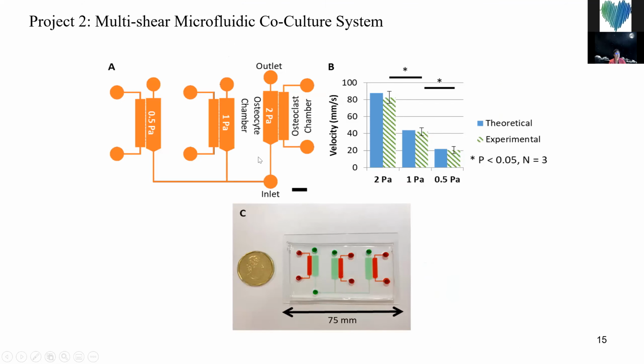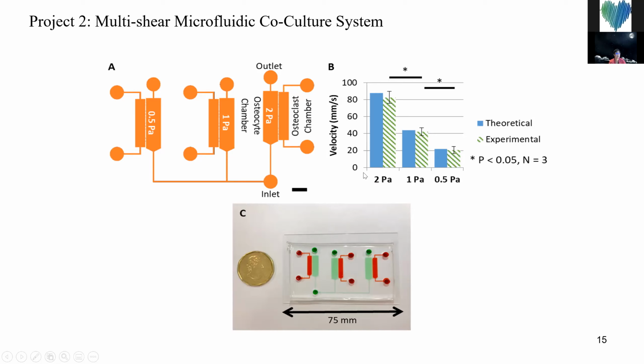We're also trying to develop a high throughput microfluidic platform, so we can have this multiple co-culture microfluidic platform with different loading channels with different mechanical loading. In this case, it's 0.5 Pascal, 1 Pascal, 2 Pascal. So we can look at how cells respond in different channels with different mechanical stimuli, and we can differentiate it very nicely.